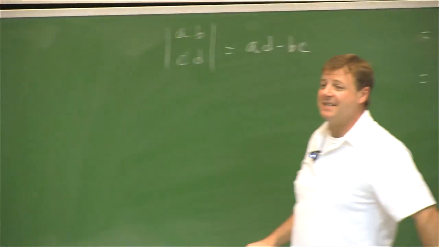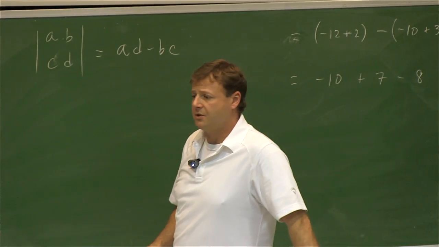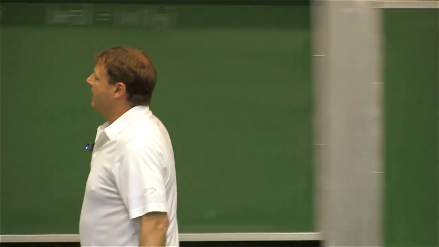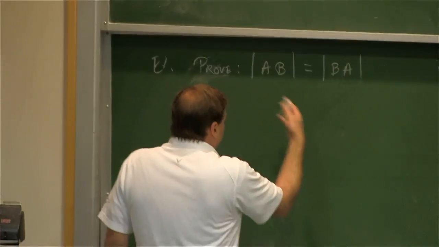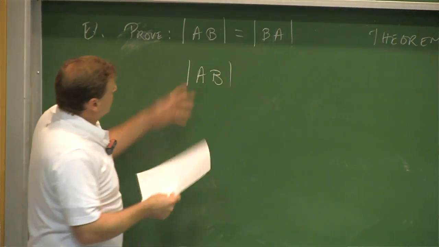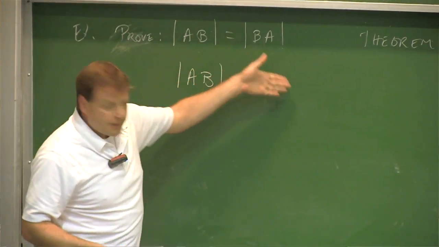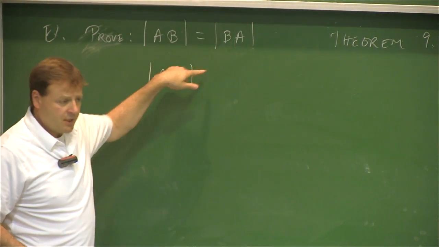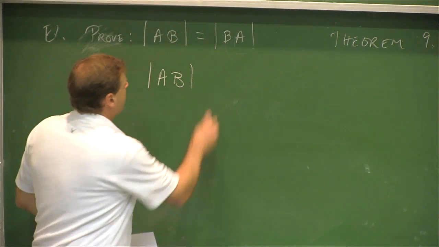That doesn't mean you've hit a home run, but that's what you would start doing. You start collecting facts that look similar to what we're trying to prove. And then we just follow our nose. I need to start with the left side, and then do a series of logical steps and have my last step be this. And each one has to be justified.